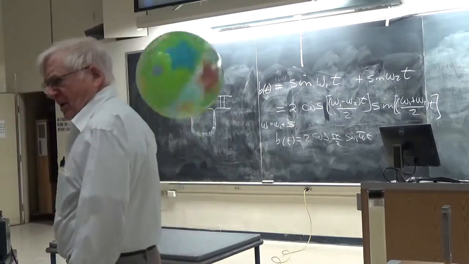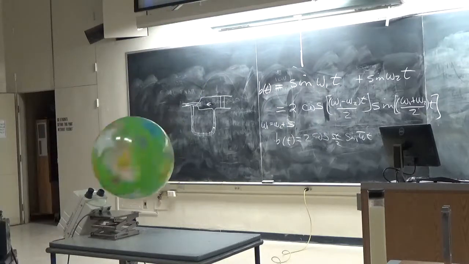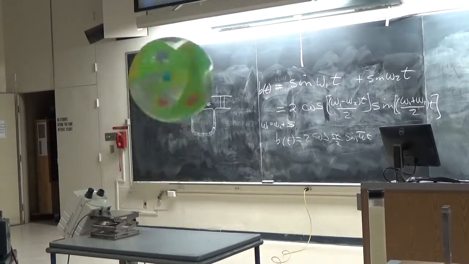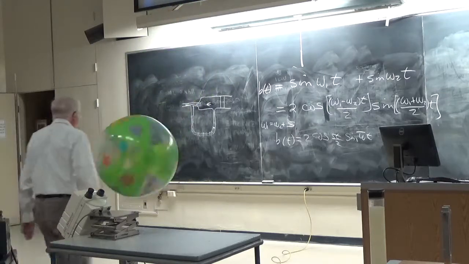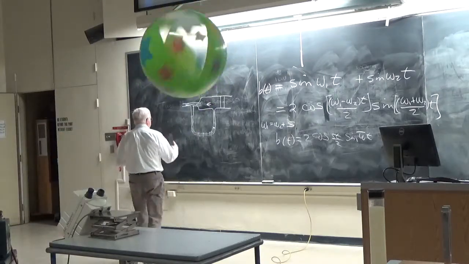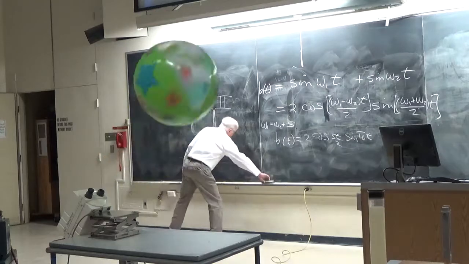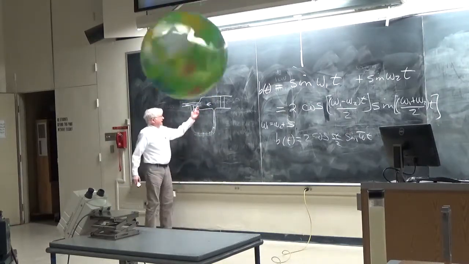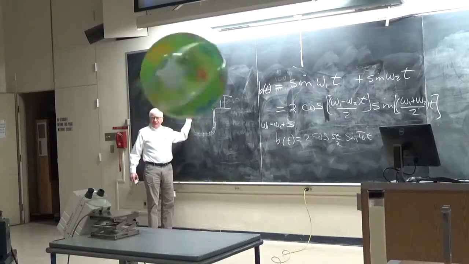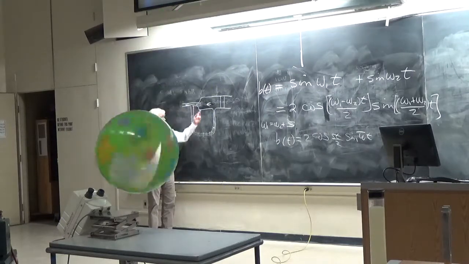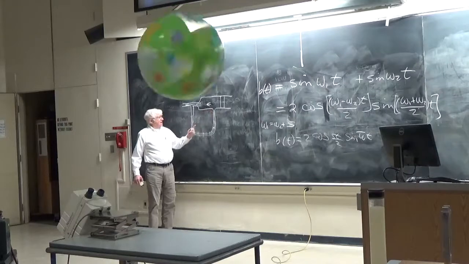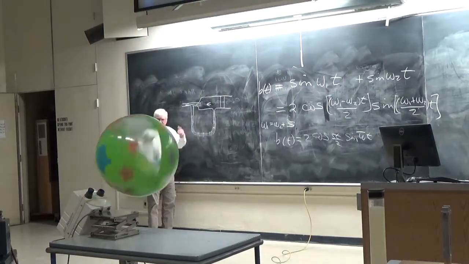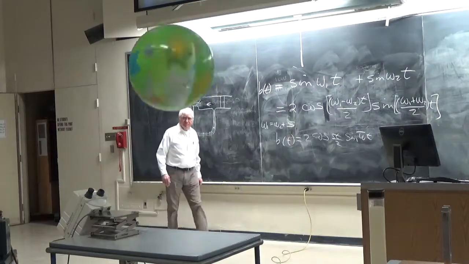Yeah, I think that probably is true. Does that have anything to do with it? Well, the basic effect is this: if air is moving faster here than here, the pressure here is lower than the pressure there. That's what basically happens here.